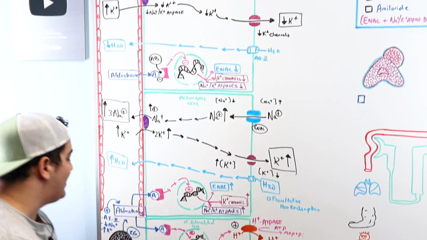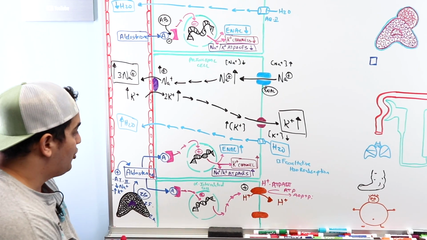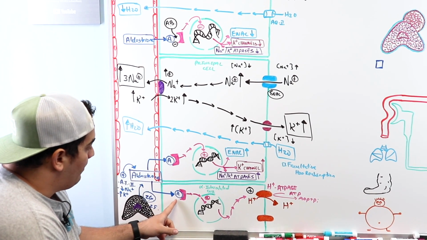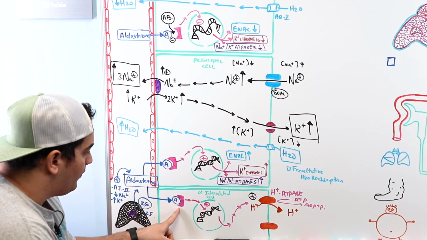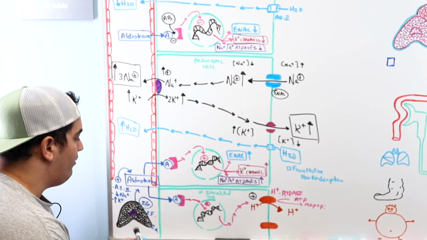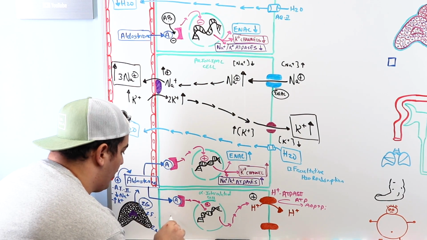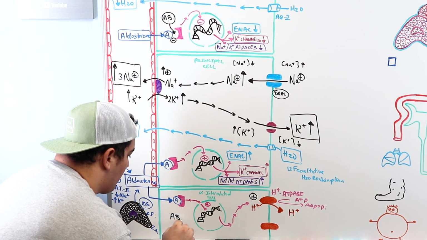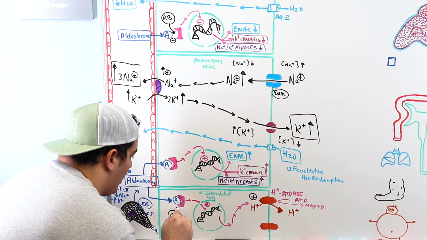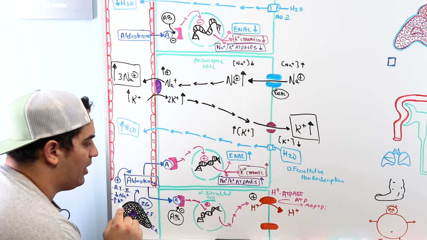All right, last thing. We got aldosterone, right? Again, what else is it doing? It's binding onto this receptor, right? But if we give an aldosterone blocker, it's going to inhibit this attachment.